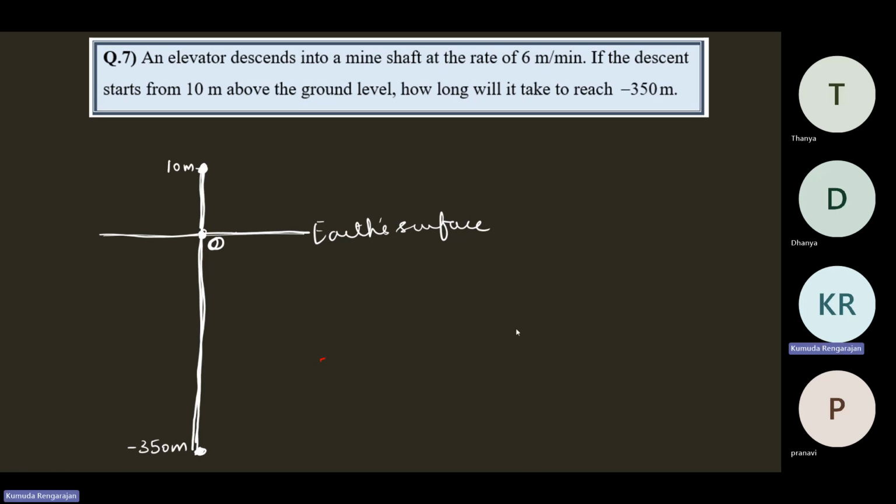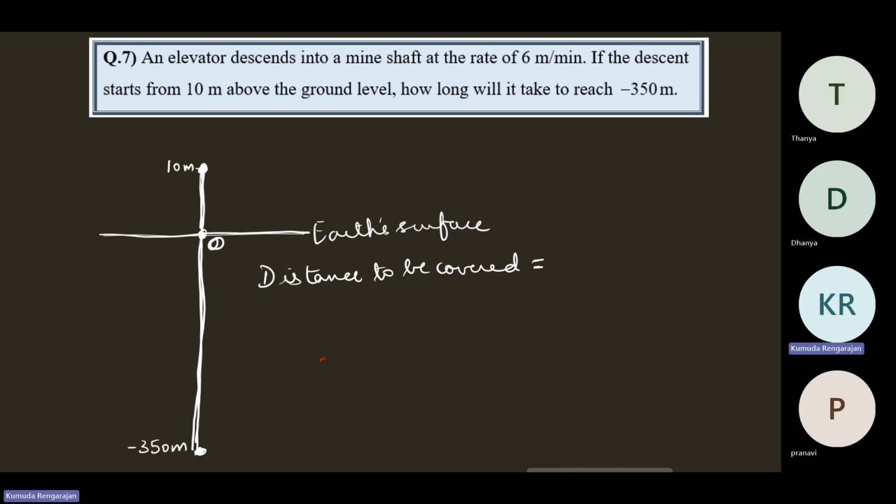So total distance, or the distance to be covered. Distance to be covered is actually the difference between these 2 points.